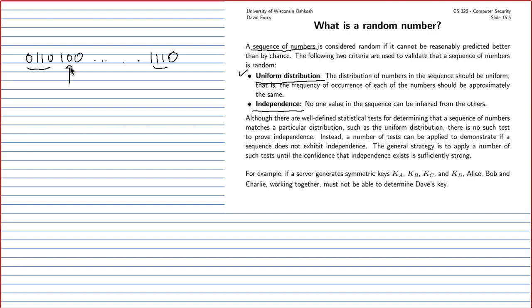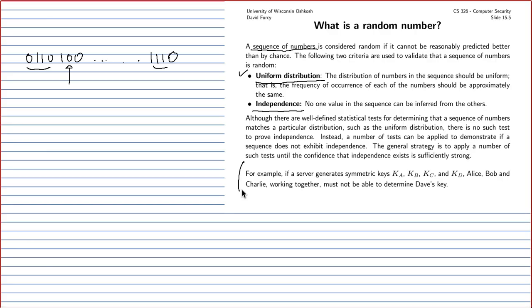So this is a very important property that says that you cannot predict the value of any bit based on the knowledge of any other subsequence of bits, including every other bit in the sequence, which doesn't allow you to guess the next one. So let's take a concrete example to see why this notion of independence is important.